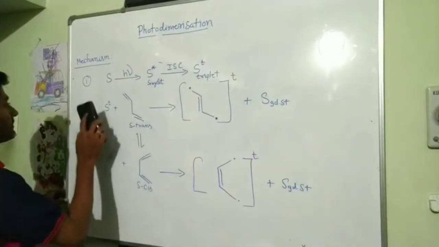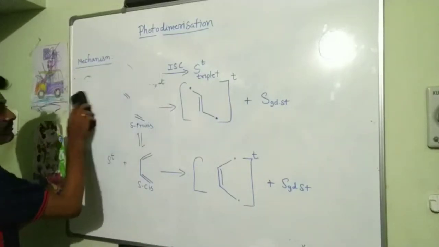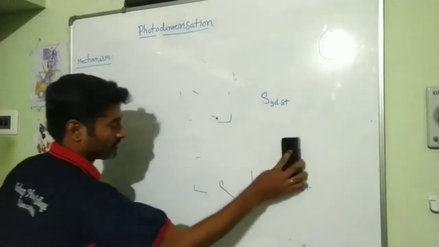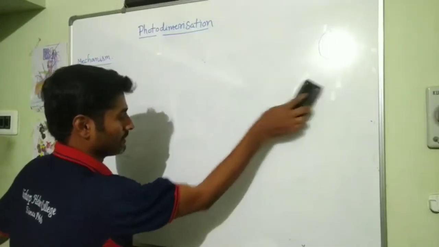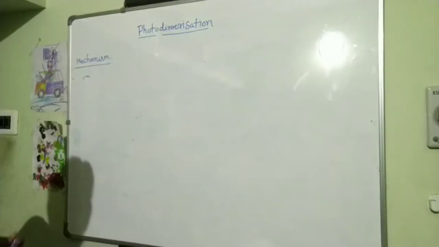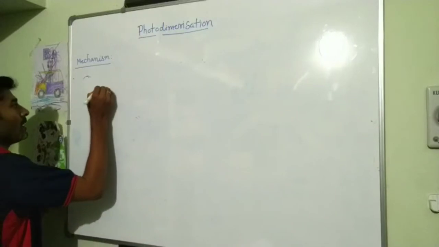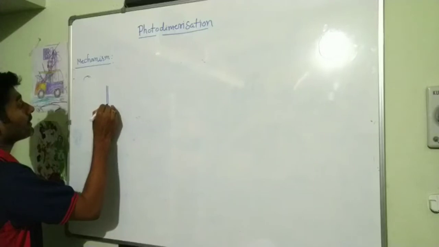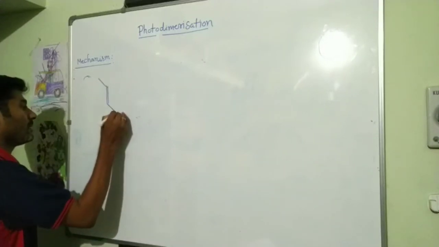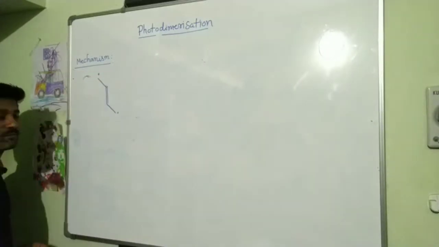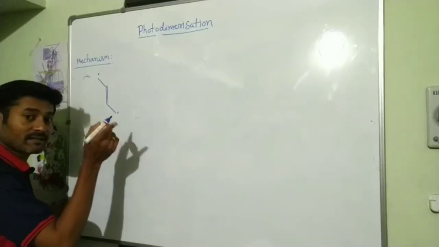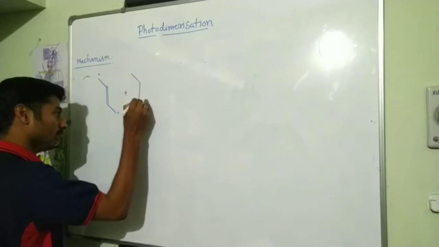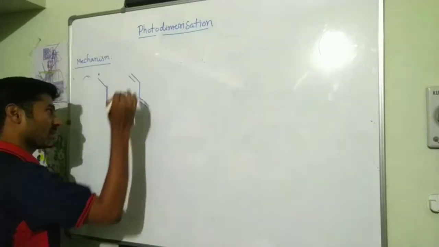Okay, let us discuss. So I'll erase it. Here, let us take the triplet state of the transform reacting with ground state alkene.